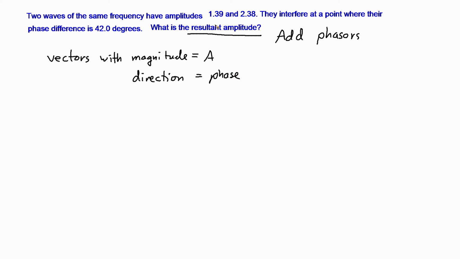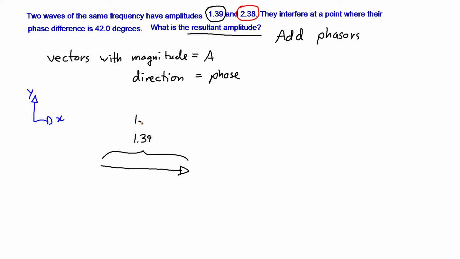So if we represent this as wave 1, I'll draw in black, and wave 2, I'll draw in red. For wave 1, we can just choose any arbitrary direction, so I'll choose just to the right, and I'll define some axes off here to the left, x and y, that we typically have. The length of this vector would be 1.39 I hat.